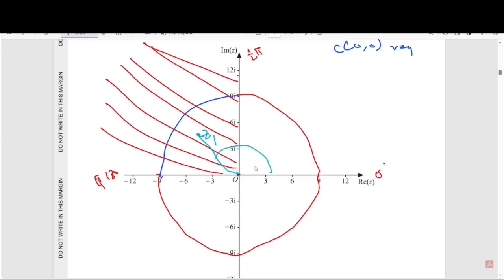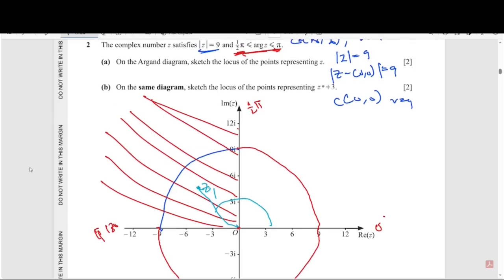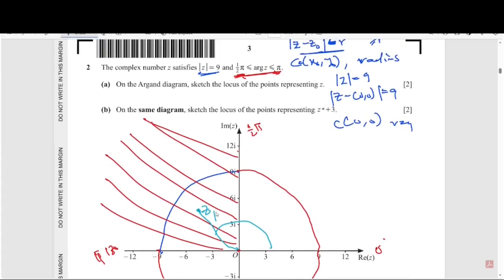So this argument will lie between half pi and pi, or 90 and 180 degrees, because it is in the second quadrant. But for this complex number to be part of the curve, it must also satisfy the first equation, or the first curve, which says that this point must lie on the circumference of the circle centered at the origin, with a radius of 9.